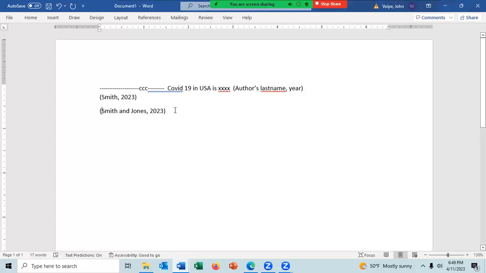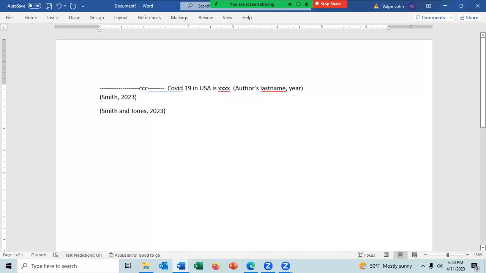The exception is if you're saying something like, I learned from Smith that the number of people receiving COVID-19 in the United States was some number, and then you can just put the year in parentheses after Smith.